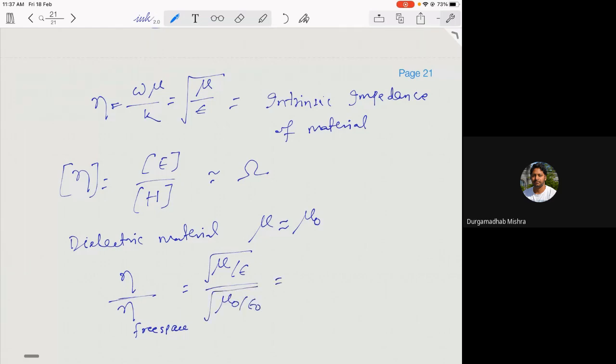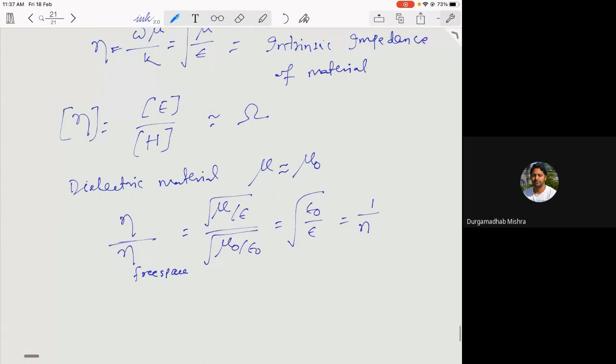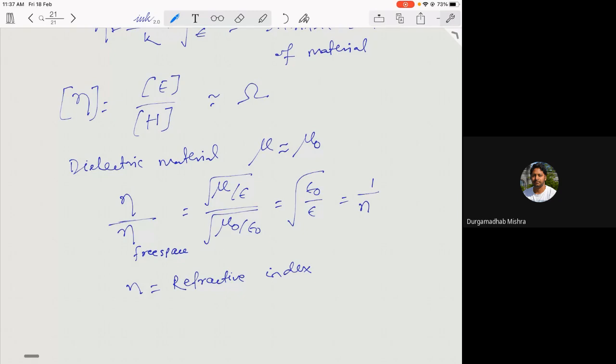Now for a dielectric, with mu equal to mu naught, the ratio becomes square root of epsilon naught by epsilon, which is nothing but 1 by n, where n is your refractive index. So your impedance, relative to free space, is the inverse of your refractive index.